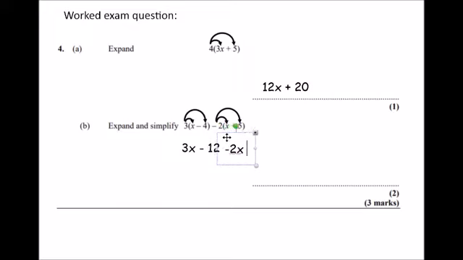Minus 2 times positive 5 is minus 10. So altogether we have got 3x minus 12 minus 2x minus 10. So to get our final answer mark, we need to tidy this up.